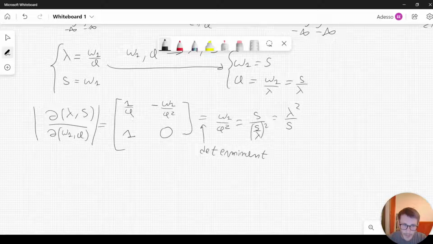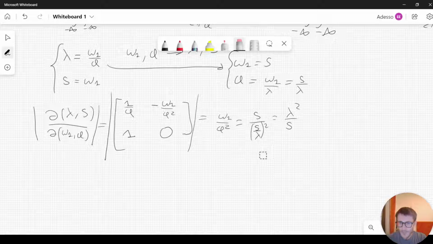Let me write it like this. I have to take the determinant here, and I will indicate it with these straight bars, the determinant of this matrix. So the notation is more consistent, because it was not so consistent before. A matrix is not equal to a scalar, but the determinant of the matrix will be equal to the scalar.